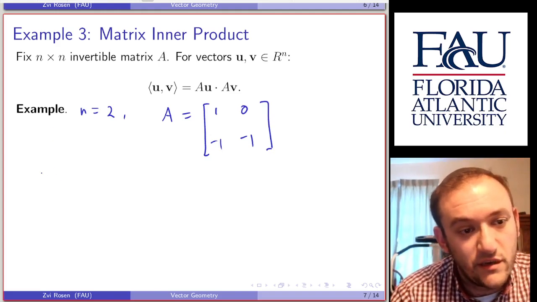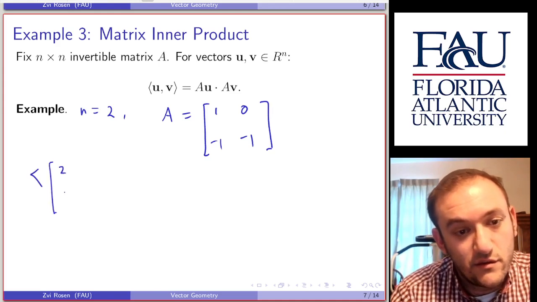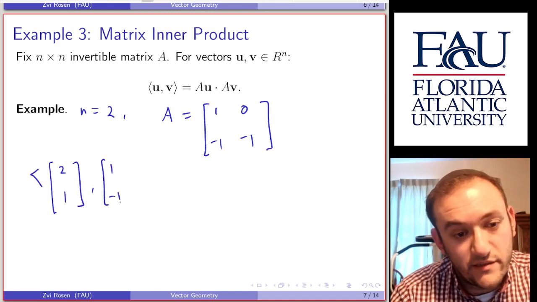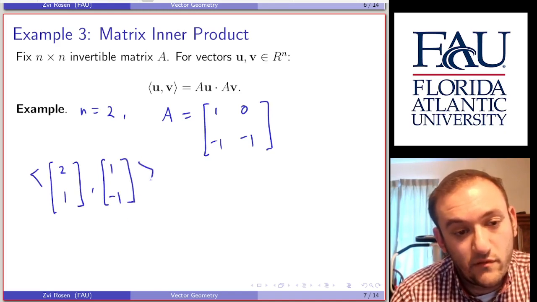So how would we take the inner product of, let's say, (2, 1) and (1, -1)? Okay.